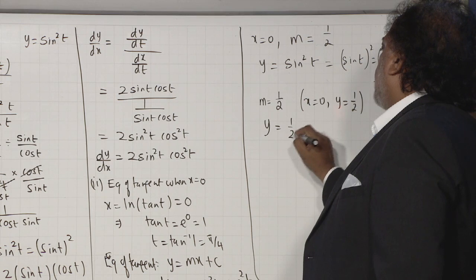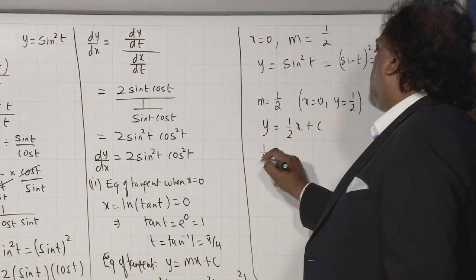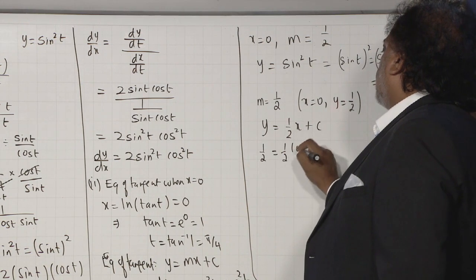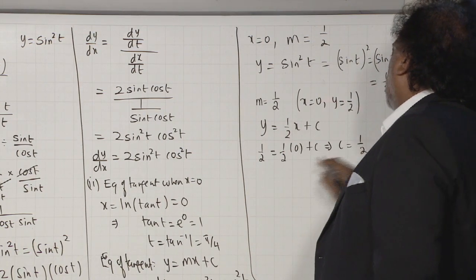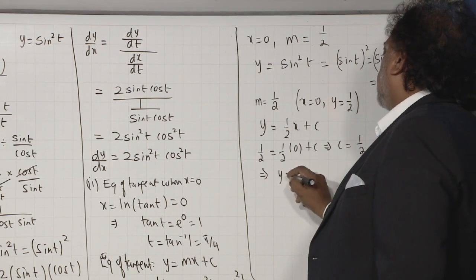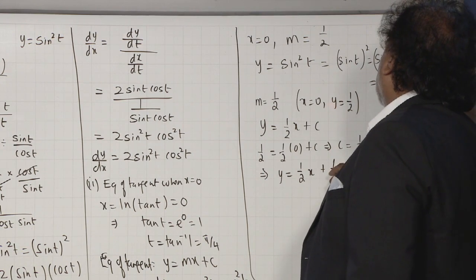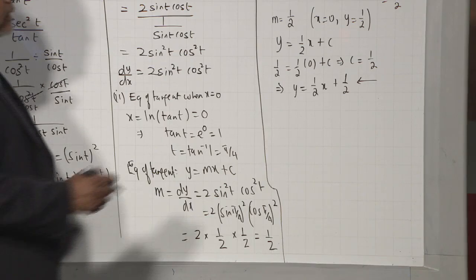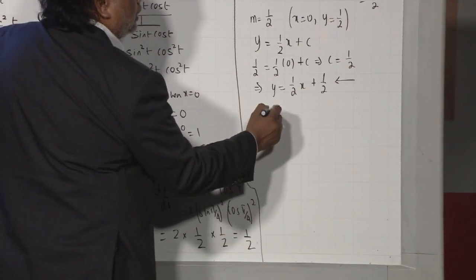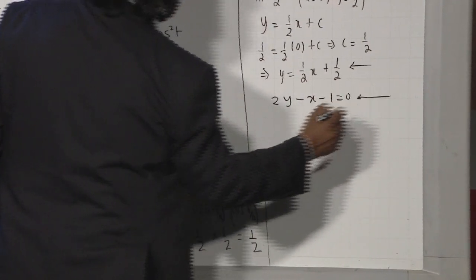Y is equal to mx plus c. Replace y by half, x by 0, plus c. C is equal to half. So the equation of the tangent is half x plus half. This can also be written as 2y minus x minus 1 equal to 0.